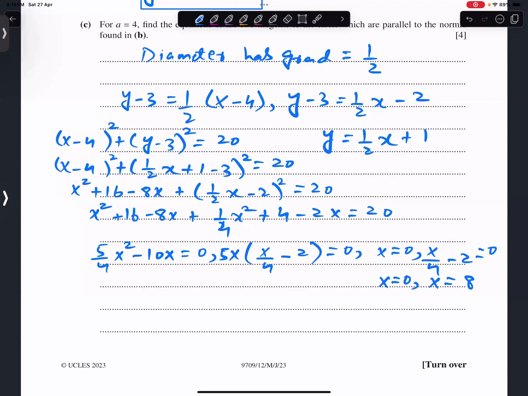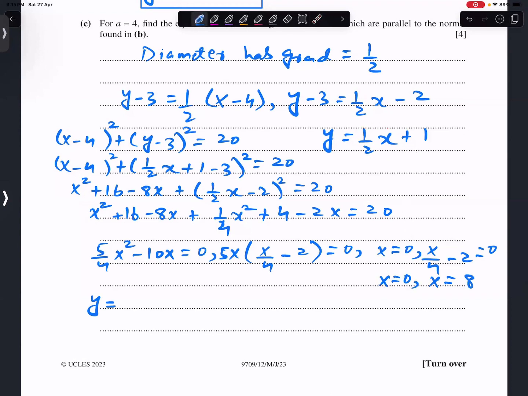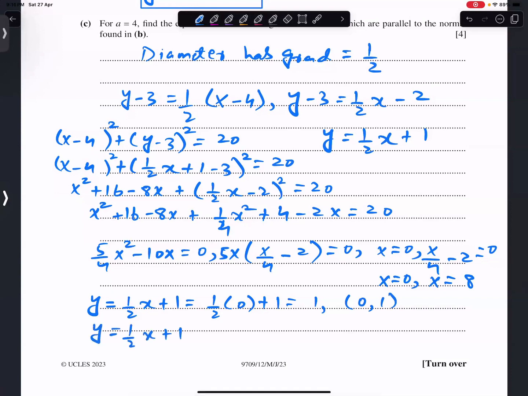Now we will find y, so put this 0 here, so you will find y is equal to 1/2 x plus 1, which will be 1/2 times 0 plus 1, that will be 1. So that means you have 1 point 0 comma 1, and the other point is 1/2 x plus 1, which is 1/2 times 8 plus 1 will be 5, so that means 8 comma 5.